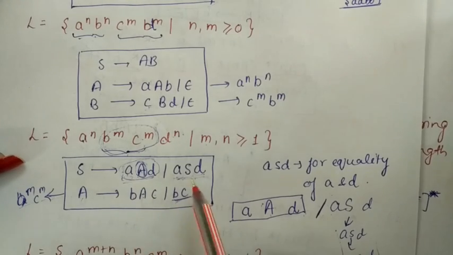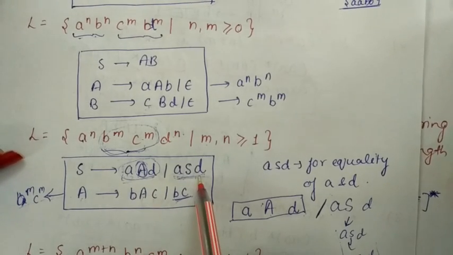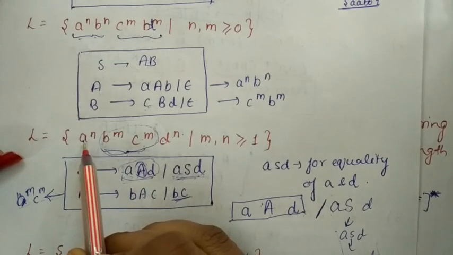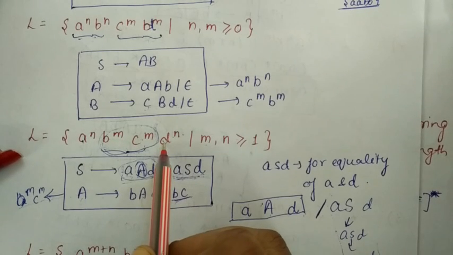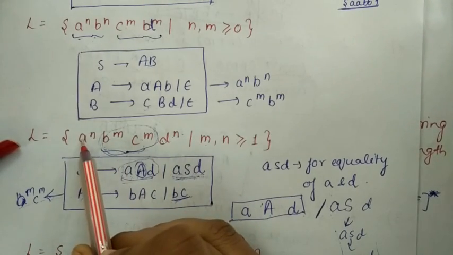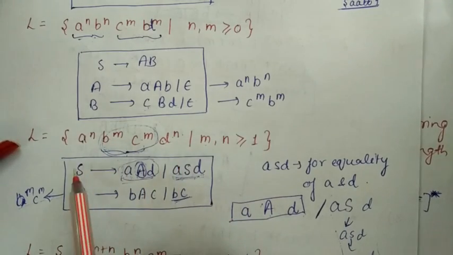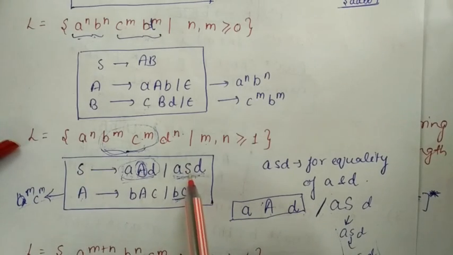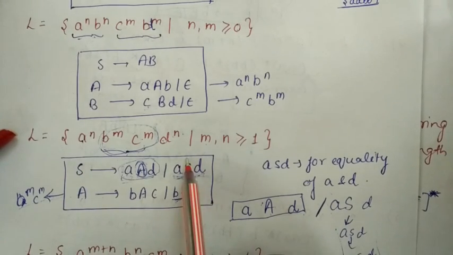Now what is this production? Since you can see that a and d are also same, we have taken equal number of a and d, and we have put an S here because of the equality of a and d.